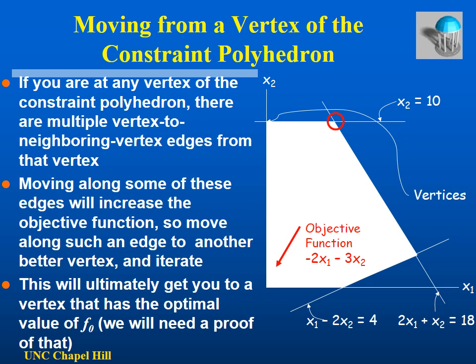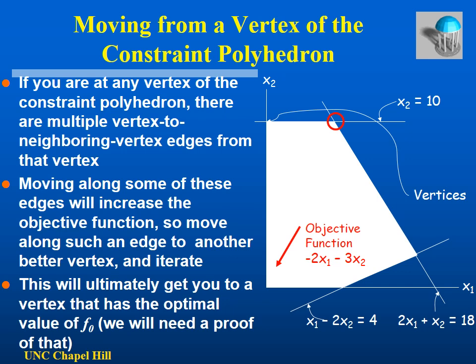We have actually 5 constraints. One, that x1 is greater than or equal to 0. That is to say, it's to the right of the x2 axis. Another one, that x2 is greater than or equal to 0. It's above the x1 axis. And the other three are the specified given constraints.